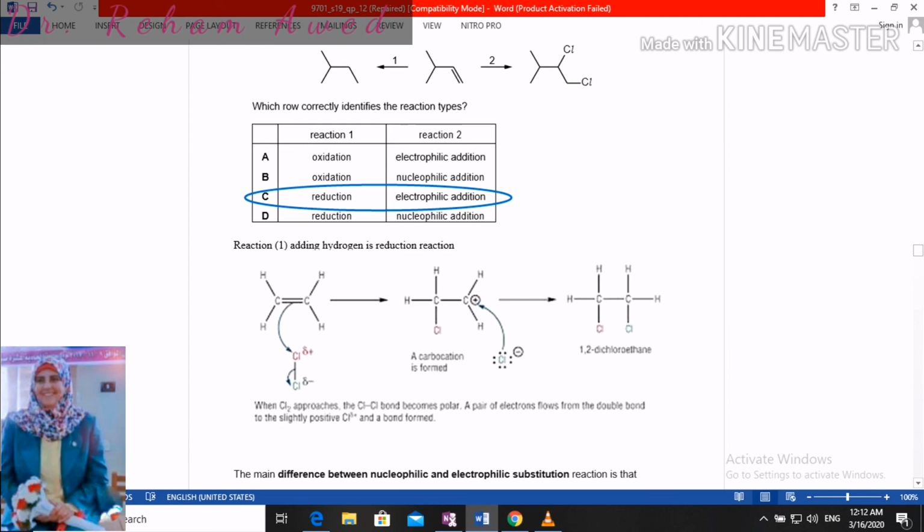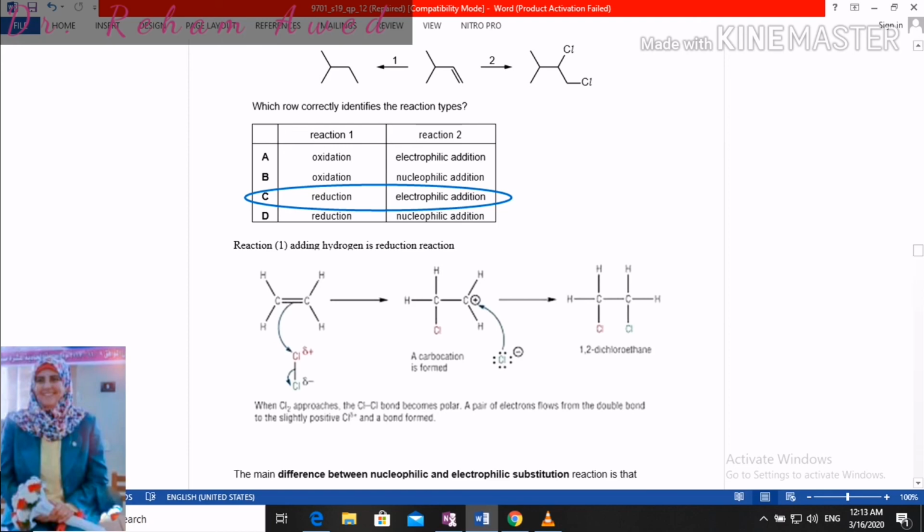By heterolytic fission of the single covalent bond between the 2 chlorine atoms, we will have a chlorine atom converted into a chloride ion. So we will have a partially negative chlorine, carrying excess electrons, which works as a nucleophile, and the other chlorine will be converted into an electrophile.